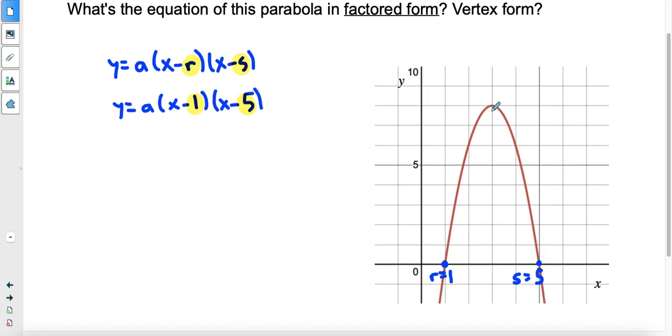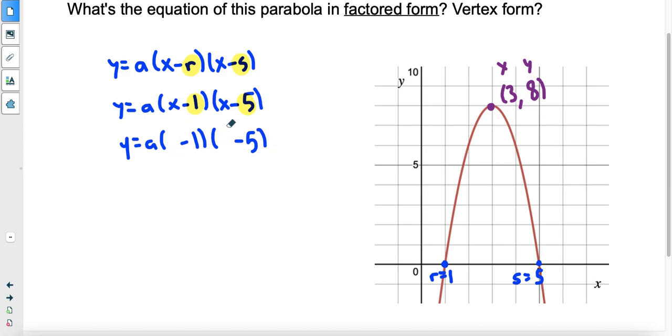One point on this parabola is right here at 3, 8. On my point here, my x value is 3 and my y value is 8. Now, I can plug this point into my equation here, and then I'll use that to find my a value.